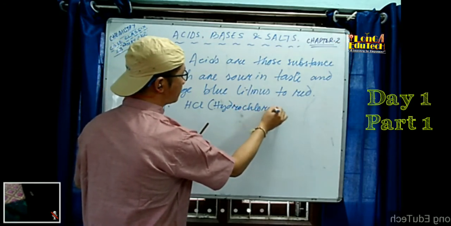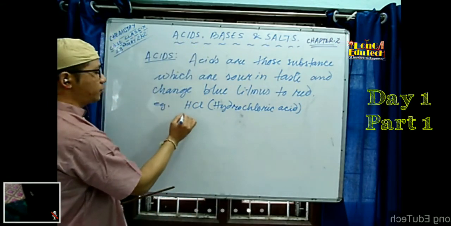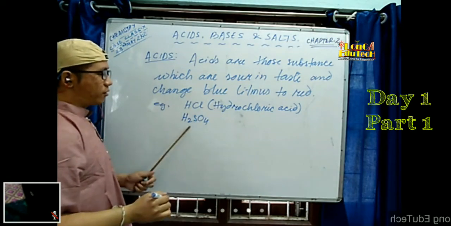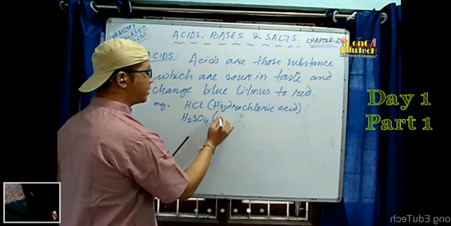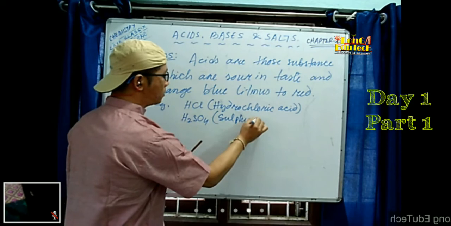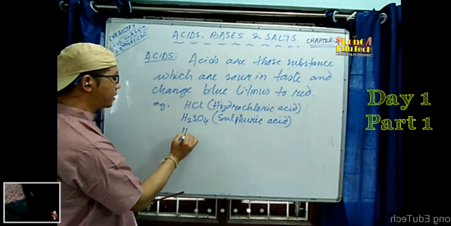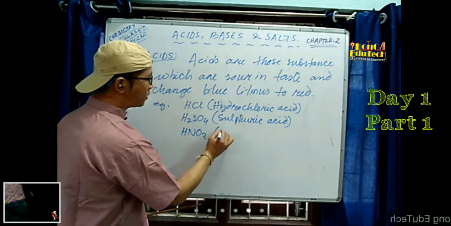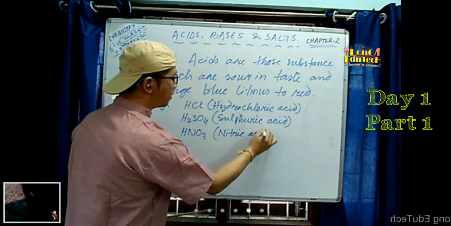Number 2, H2SO4, hydrogen sulfate we can call it, but chemically we call it sulfuric acid. And next is HNO3, that is the nitric acid.